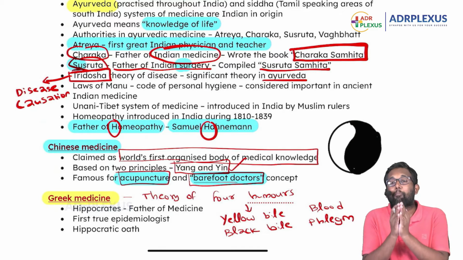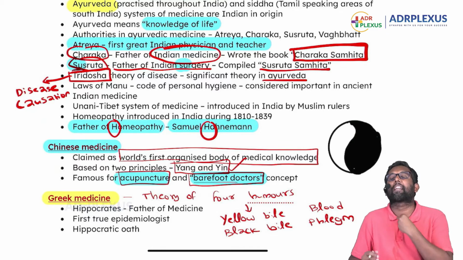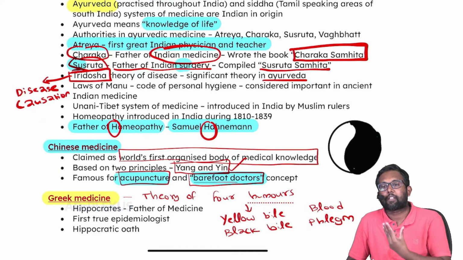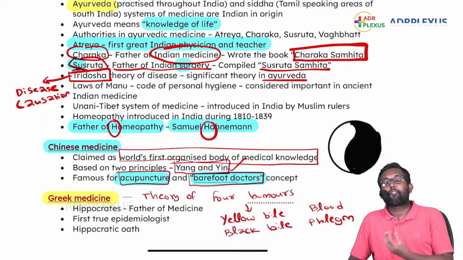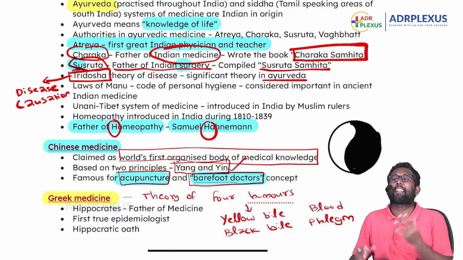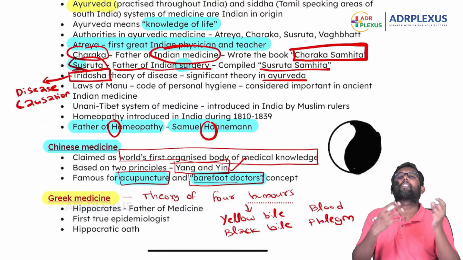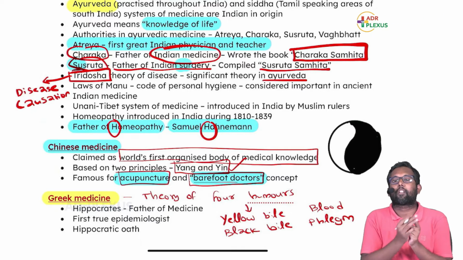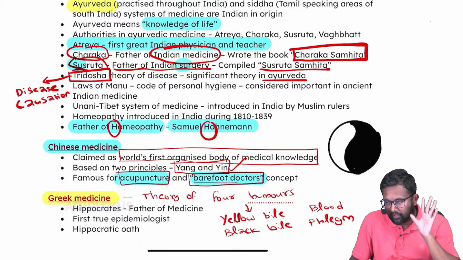Yellow bile, black bile, blood and phlegm. Phlegm means something like sputum. When there is a disturbance in these fluids, it causes diseases. This is called the theory of 4 humours.